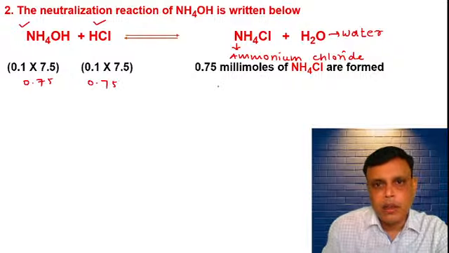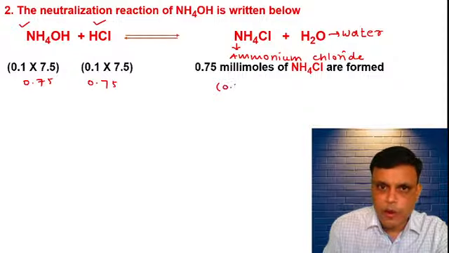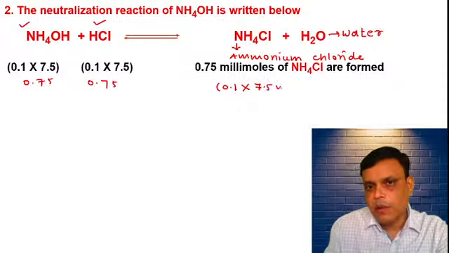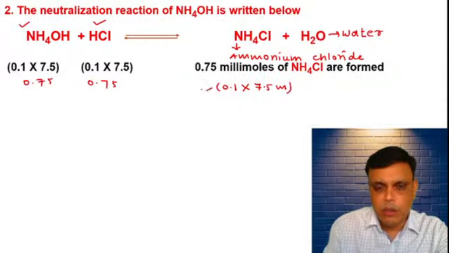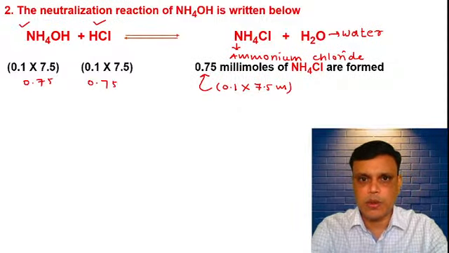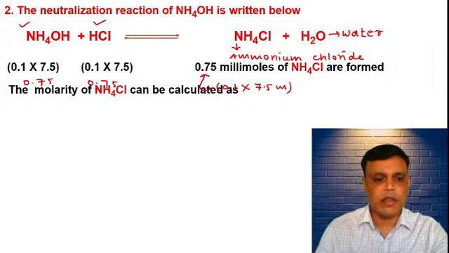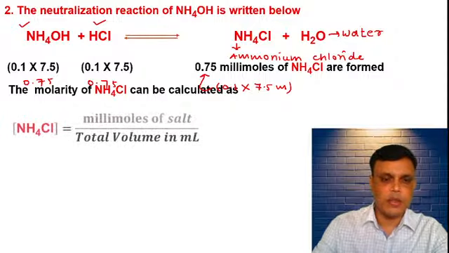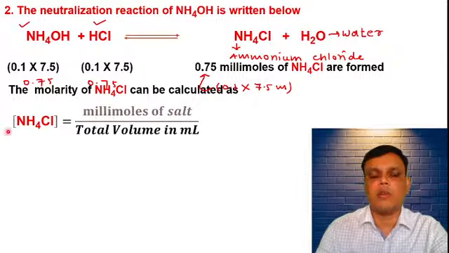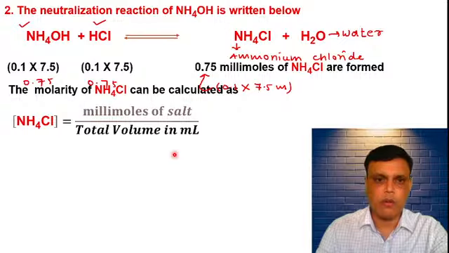What is the concentration of ammonium chloride, sorry? It is 0.1 normal. How much volume will be formed? 32.5 ml will be formed. Its millimoles will also be 0.75. So the molarity of this ammonium chloride we can calculate by using the formula: molarity or concentration of salt equals millimoles of salt formed divided by total volume in ml.